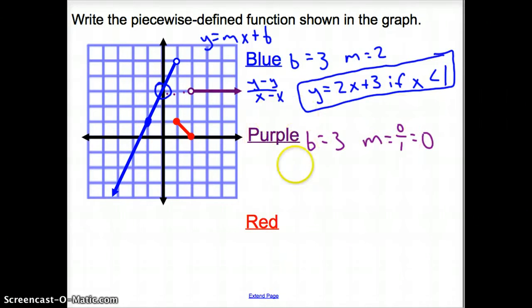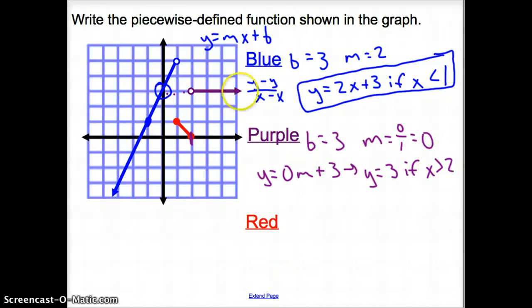So now let's put that into the expression. y equals, our slope is 0, 0x plus 3, also known as y equals 3. And then we have to state the domain, if, and then how about our x's? If x is what? Here's where it starts. So if x is, and it's on the greater than side of 2, so if x is greater than 2.